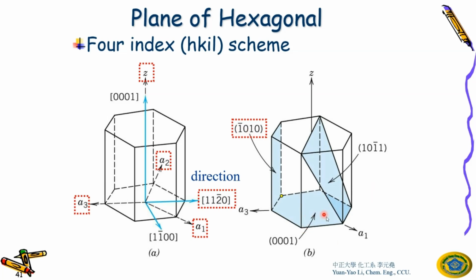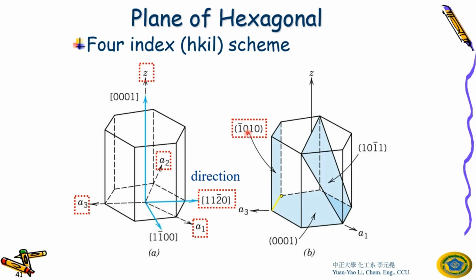So the A1 axis is here, and the minus A1 axis is here. And it reaches the number 1, right? So it should be here. So -1 will be represented here. And 0: the reciprocal of 0 means what? Infinite. Infinite means you don't have an intercept with the A2 axis. So it means this line is parallel to the A2 axis, parallel.